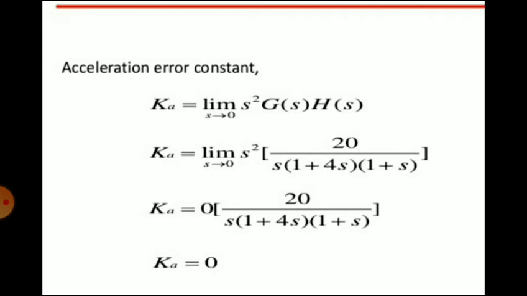Putting in the value, we get Ka equal to 0. These are the position, velocity and acceleration error coefficients.